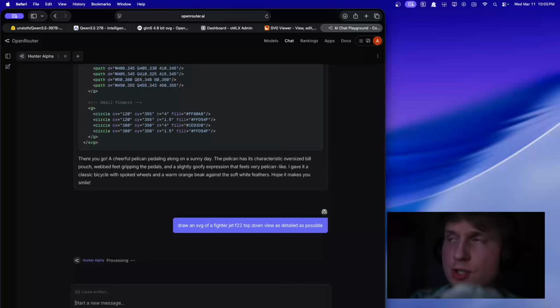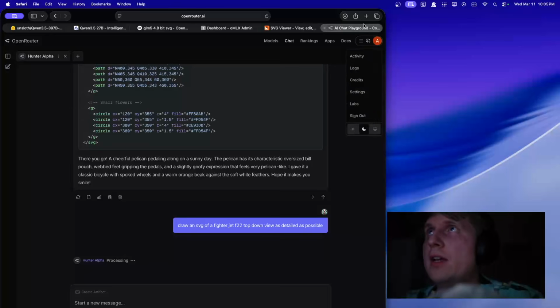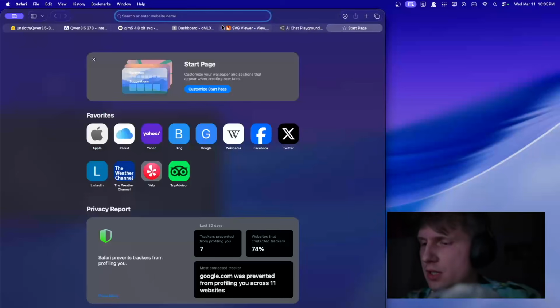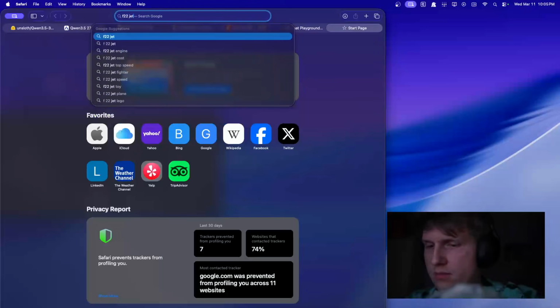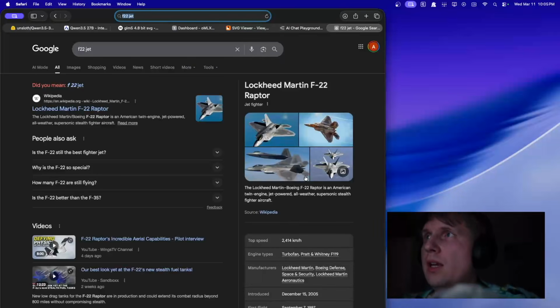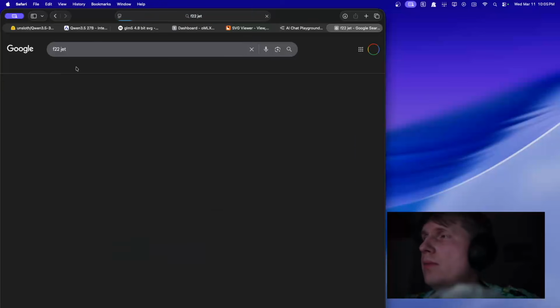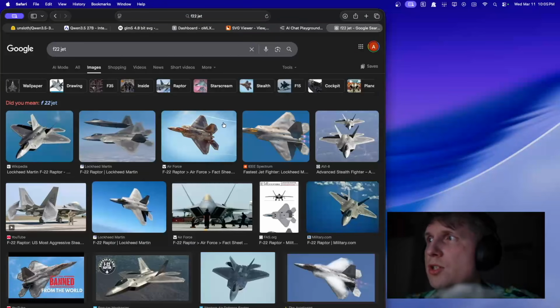All right, so that's a pretty basic prompt, but I saw that some of these have a bit of an issue with drawing this specific prompt because it specifically needs world knowledge of this plane. And just for reference, I'm going to quickly show you what it looks like. So we are looking for some sort of top-down view of this kind of plane.